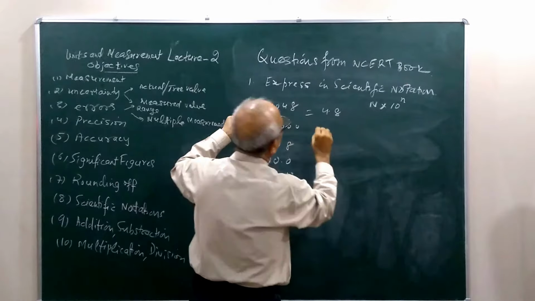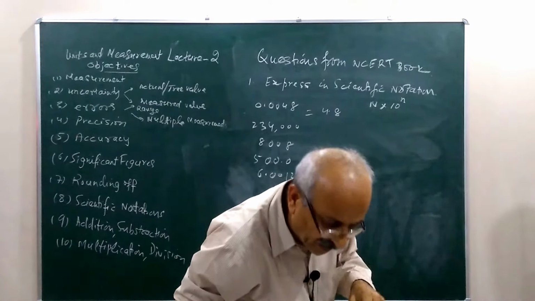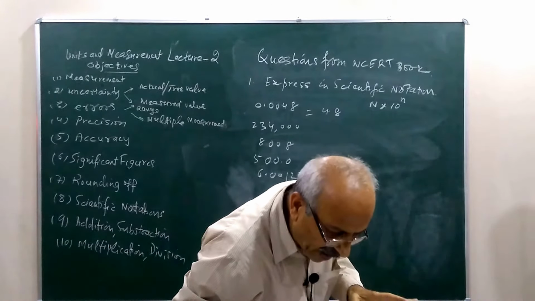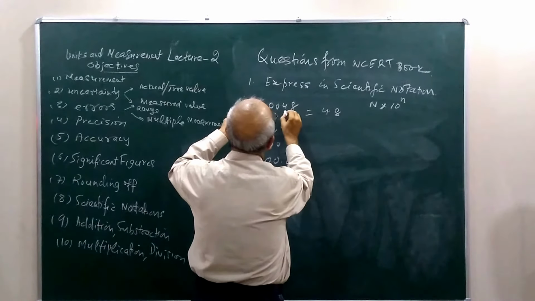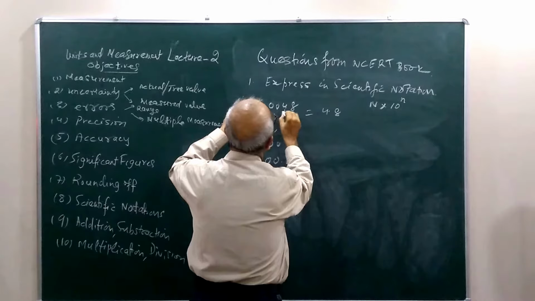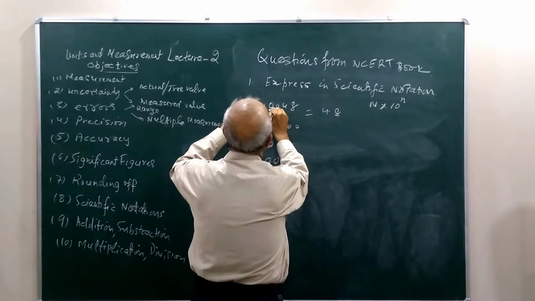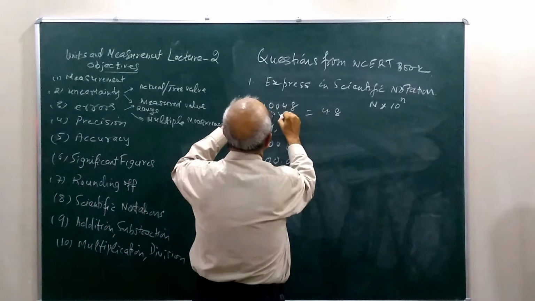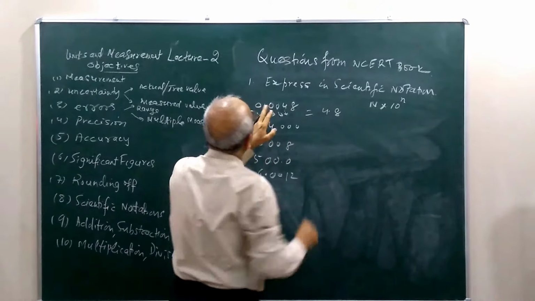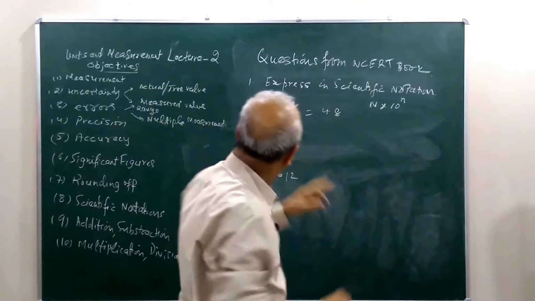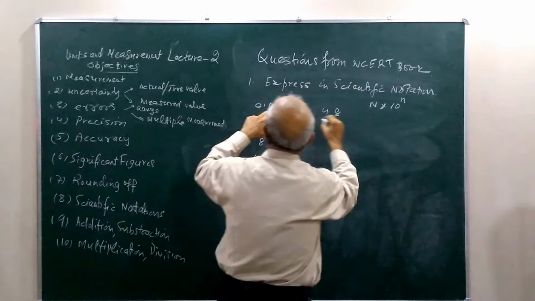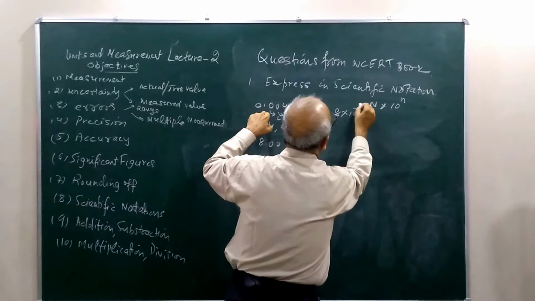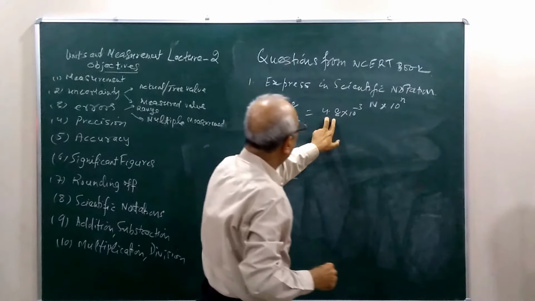For 0.0048, I go 1, 2, 3 places from left to right. So this will be 4.8 into 10 to the power minus 3. This number is between 1 and 10.